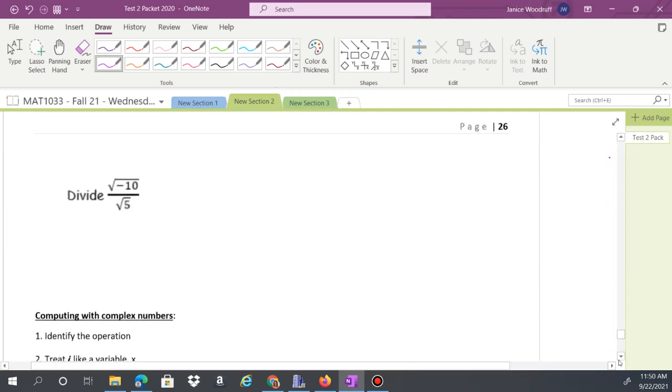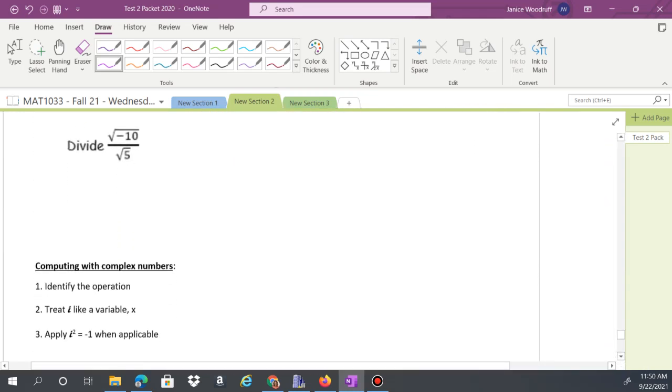Next example, we are dividing. It's got a radical in it plus a negative underneath here. So do the i first to make that plus, put the i in front of the 10. And then I want to divide. So I'm going to multiply both top and bottom by what? Square root of 5. We just did this last section.